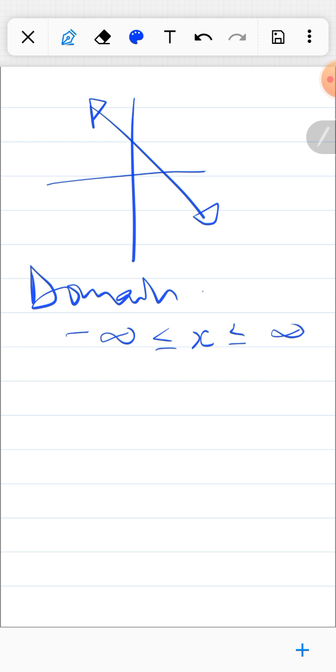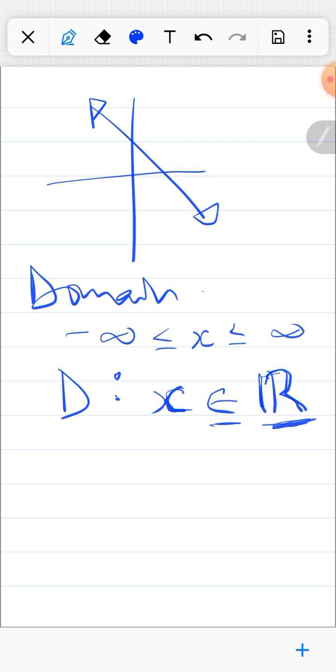I can also write this as domain is x is a member of all real numbers. I know you may have seen this on the answer sheet and it was confusing you, but that's simply what it means: the x values are all the real numbers that exist on the number line. This means "is a member of," this is the symbol for real numbers, and this is just the x.